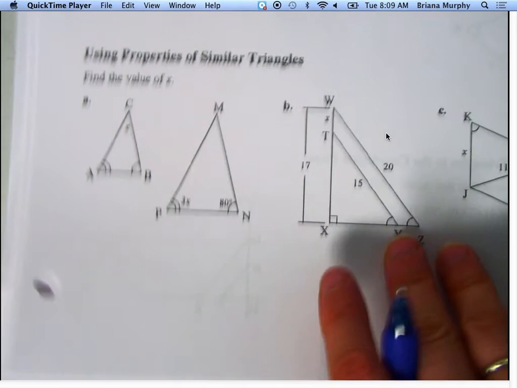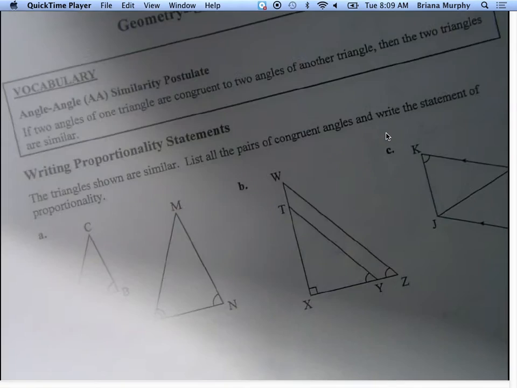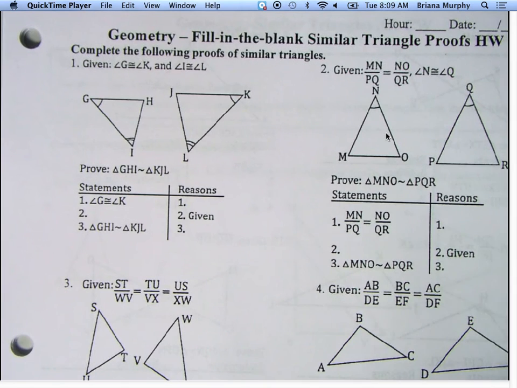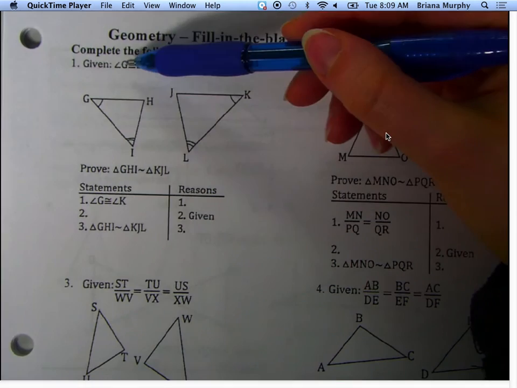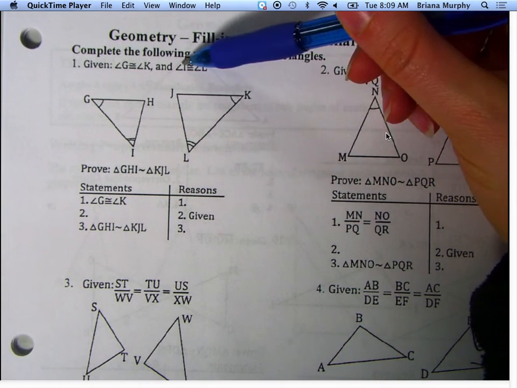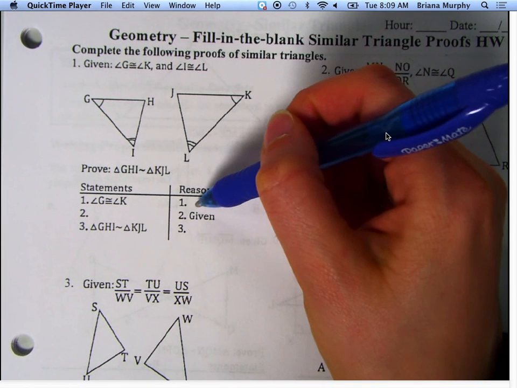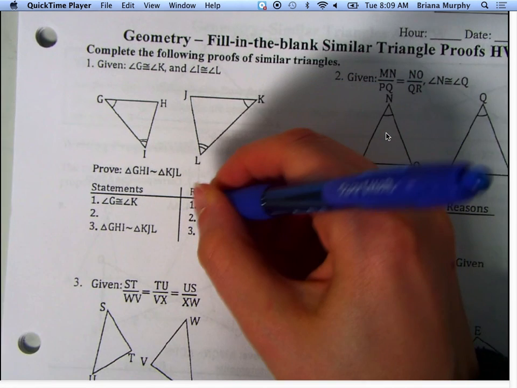Let's look at your homework, guys. We have to do some stuff with groups. Luckily they're fill in the blank, so it shouldn't be too bad. Let's look at number 1. Okay, angle G is congruent to angle K. Angle I is congruent to angle L. So angle G is congruent to angle K. That would be. And then what's my other given?